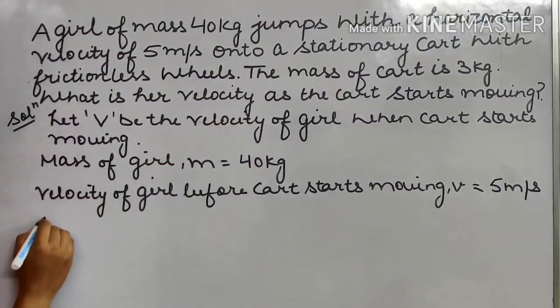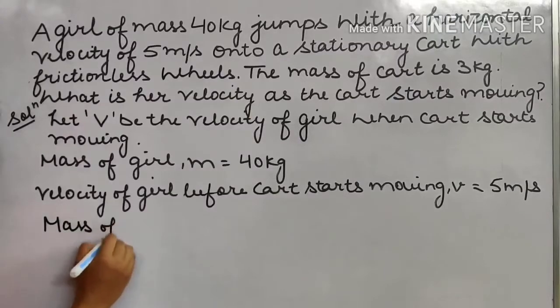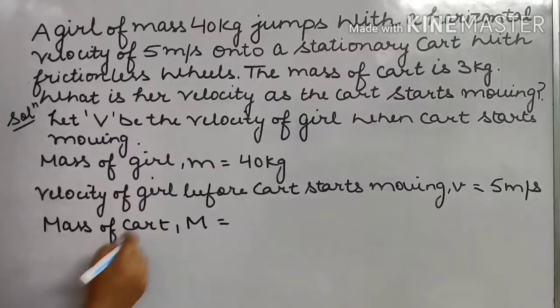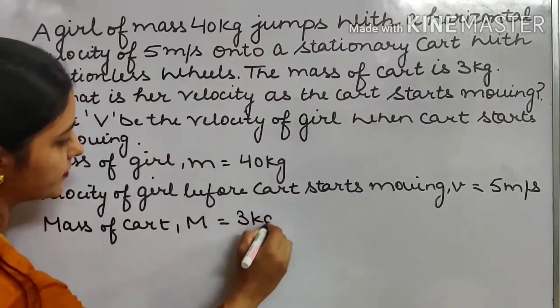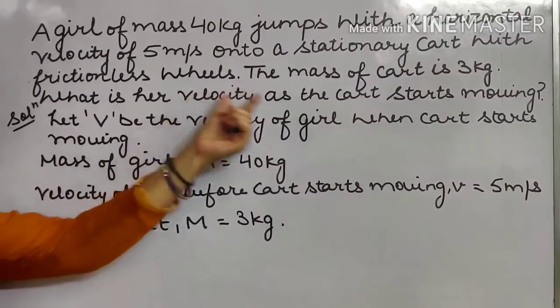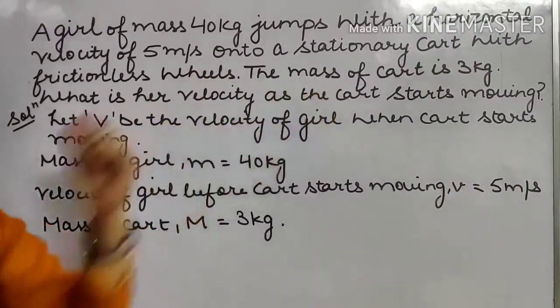Mass of cart is given. Mass of cart, let's say capital M, is 3 kg. We have to find out the velocity of the girl when the cart starts moving.